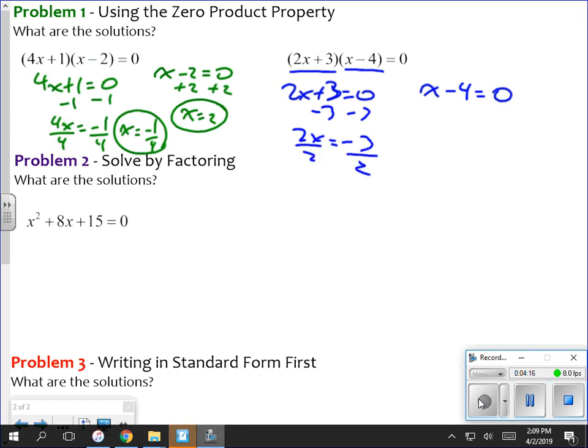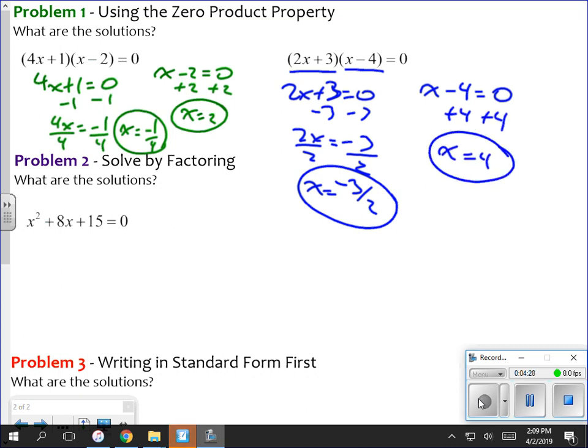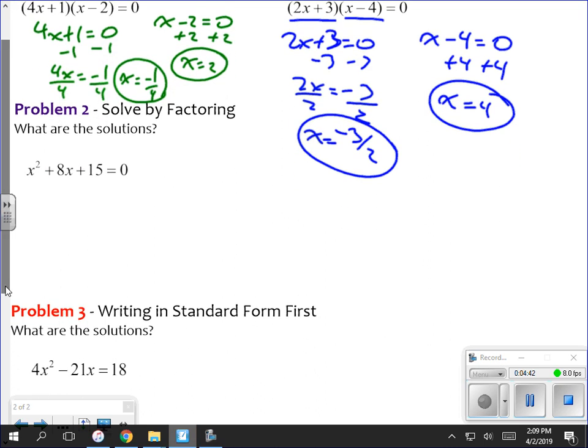Divide by 2, x equals negative 3 halves. And then on the second one, this is one step, add 4 to both sides, x equals 4. Okay? Really easy to do. Factored form, set each factor equal to 0, solve for x.